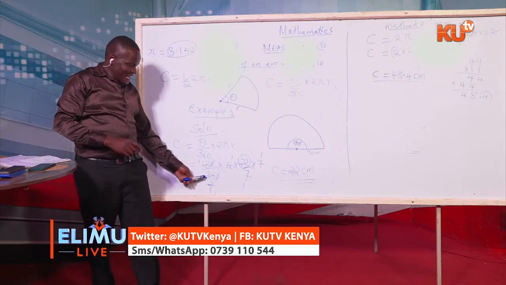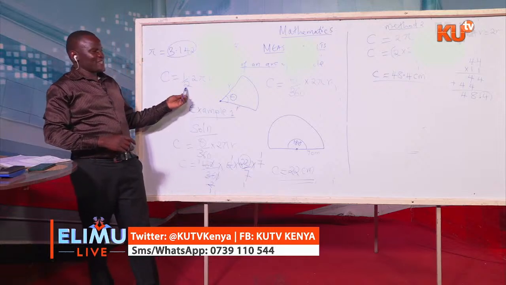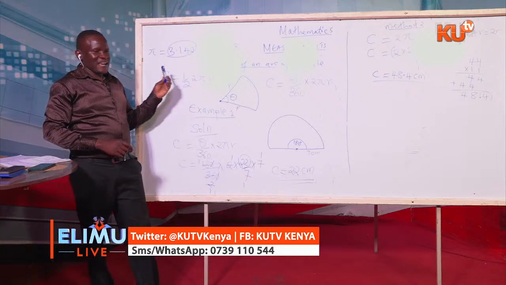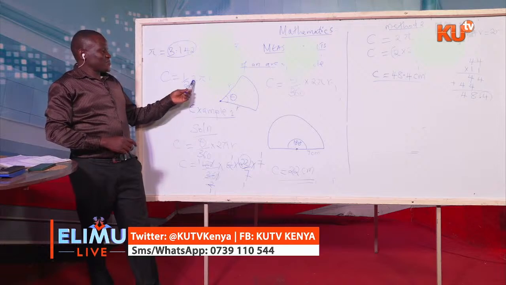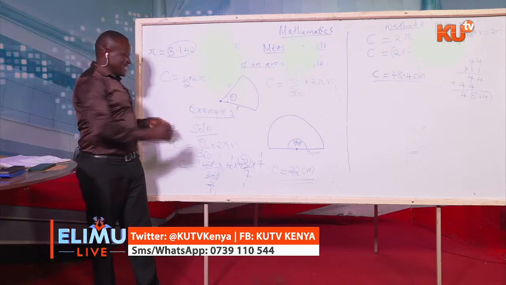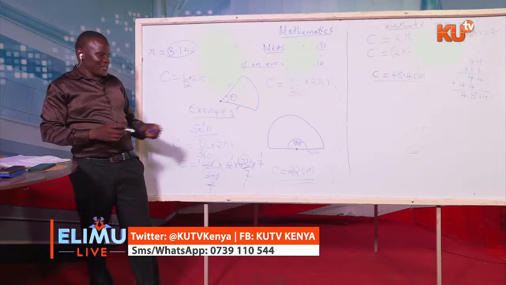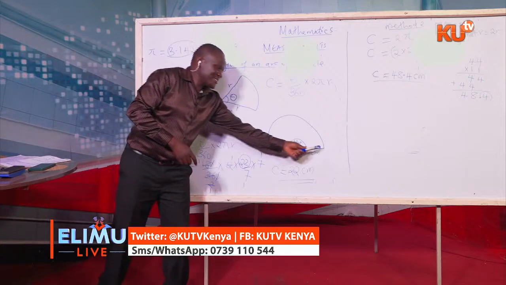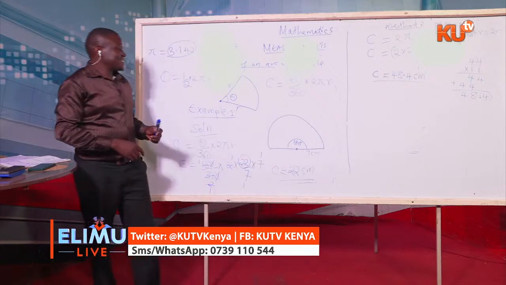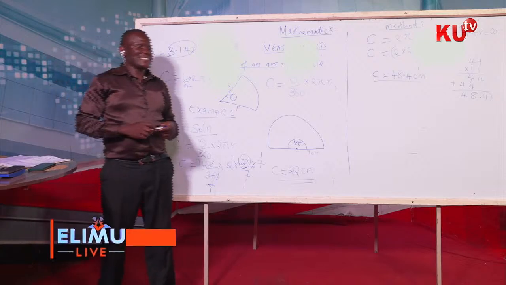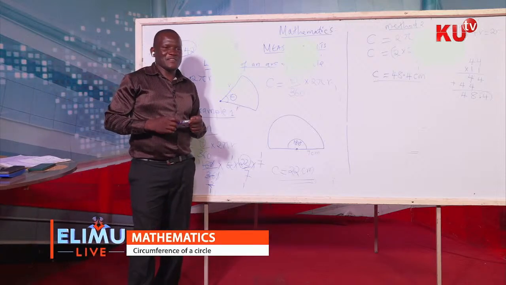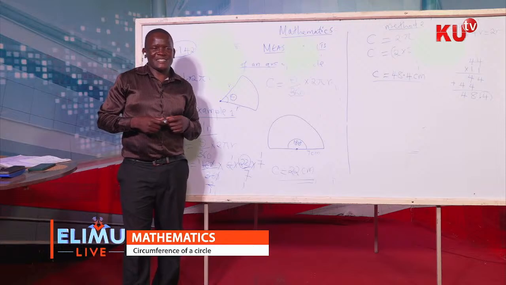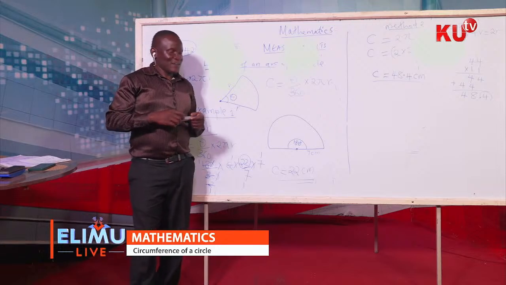So when you work it out, you will get this half. So this is the origin of the half. These two originate from the two radii that we have. And our pi, as I said earlier, is the mathematical constant.